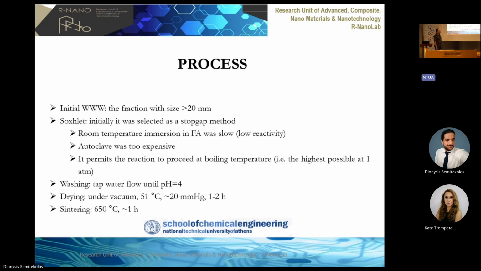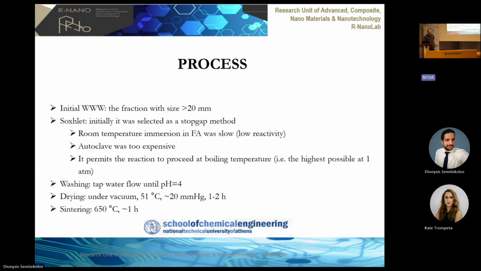Afterwards, we had to dry the material. We realized that vacuum drying was better because it was faster, at 51 degrees Celsius, and it took about 1 to 2 hours.